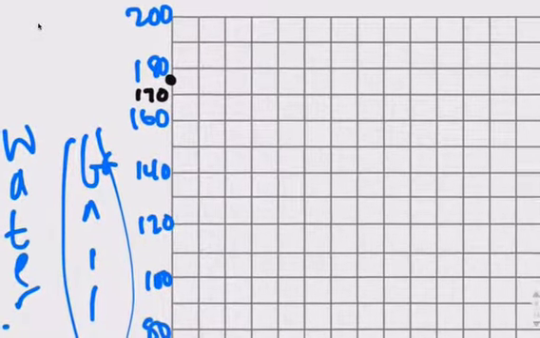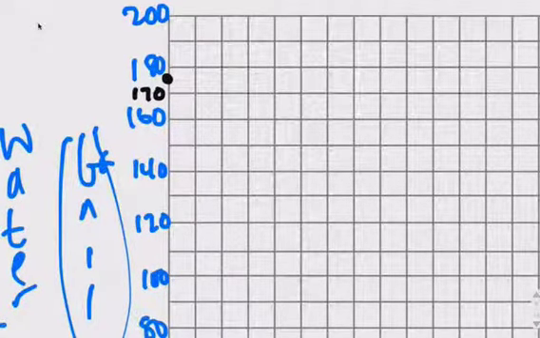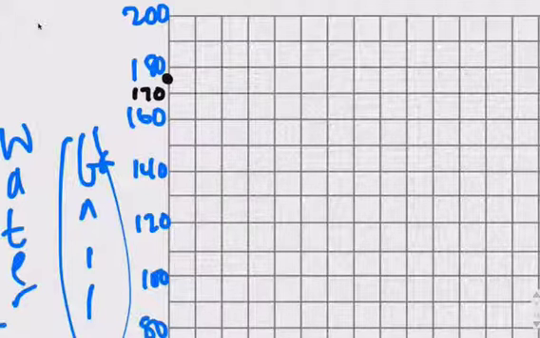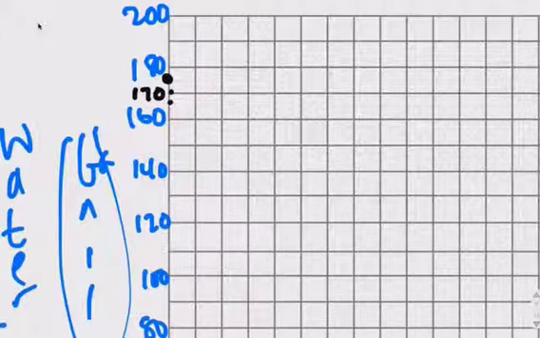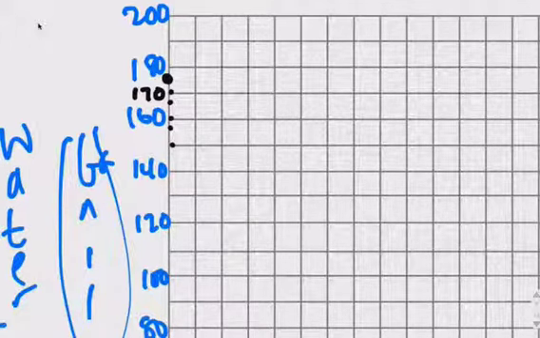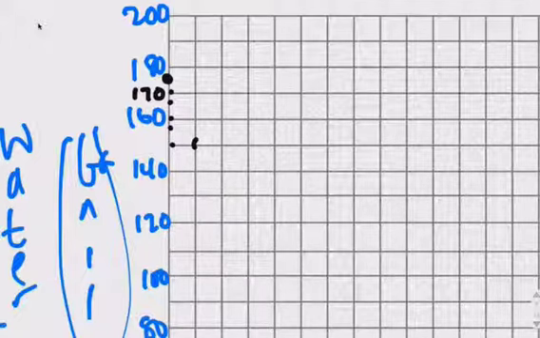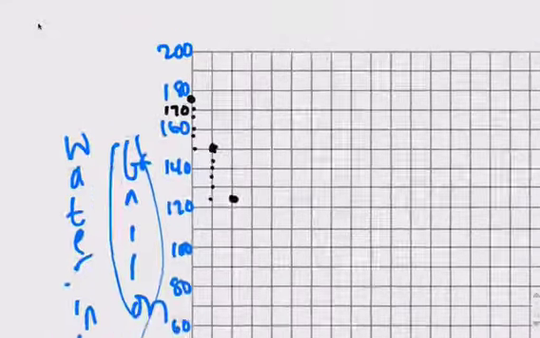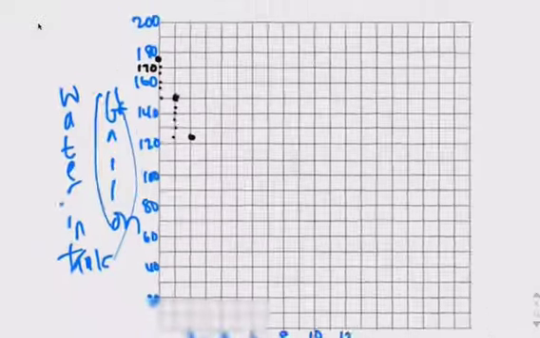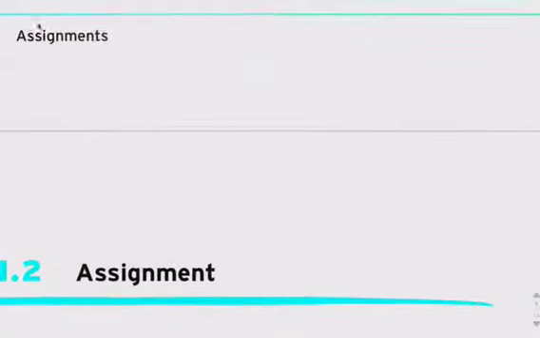And go down 25 each time. Okay, we can go down 25. That's down 5, 10, 15, 20, 25, over 1. Either you do that and get the same answer as here.